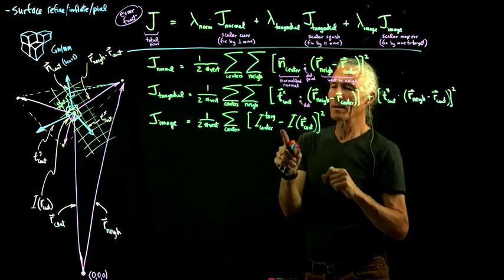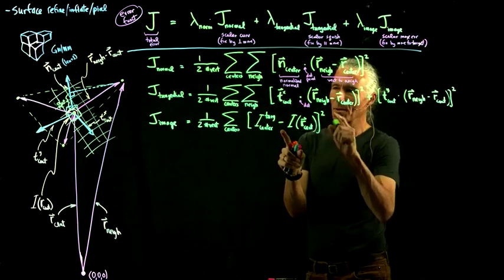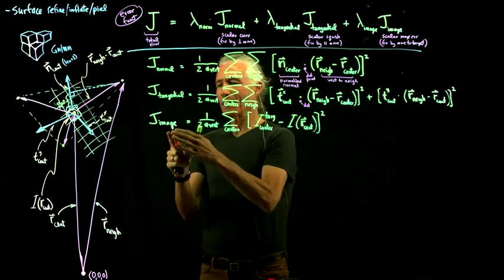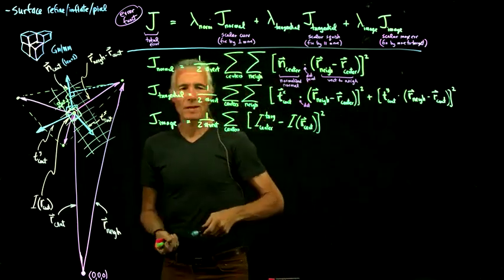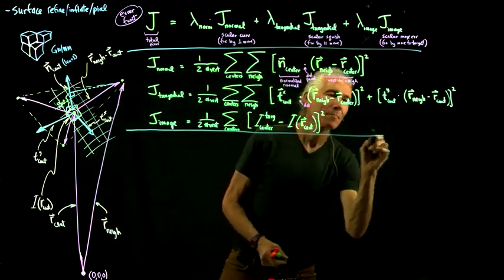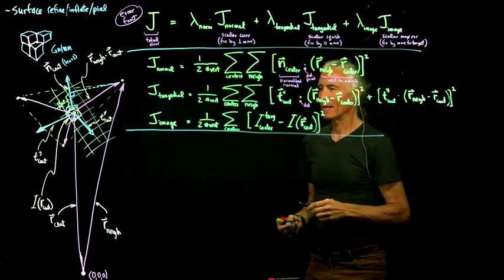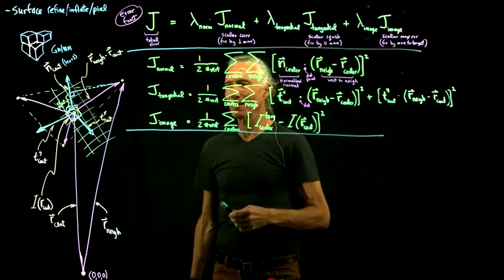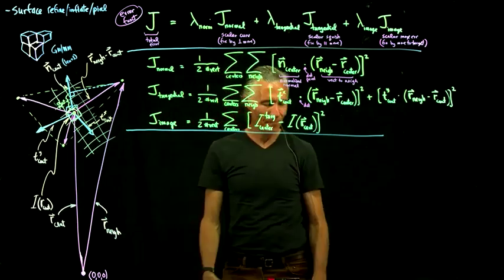That error could be either positive or negative, but we square it and we just get a positive number. Sum it up across all the centers, we get a whole total image error. So that's our set of definitions of our error. So now what do we do?